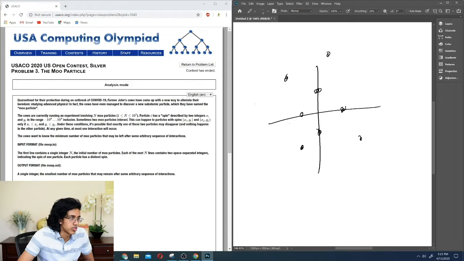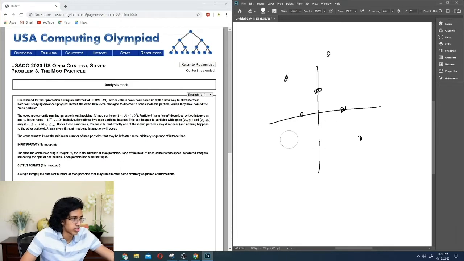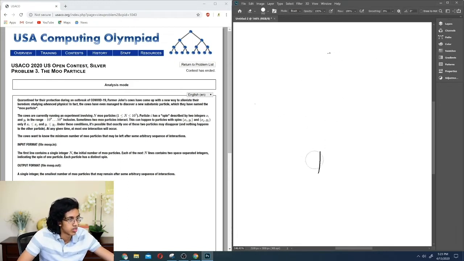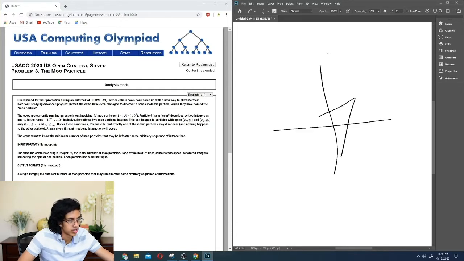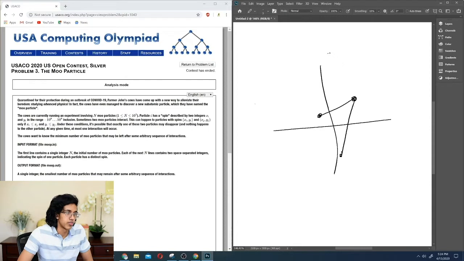Let us see. If you have an example, like let's say we have this, like that. Now that's the right connected stuff, and basically this guy could just kill both of these. Is it true that for any connected thing you could kill all of them? Let's try to find an example where you can't kill all of them except one.